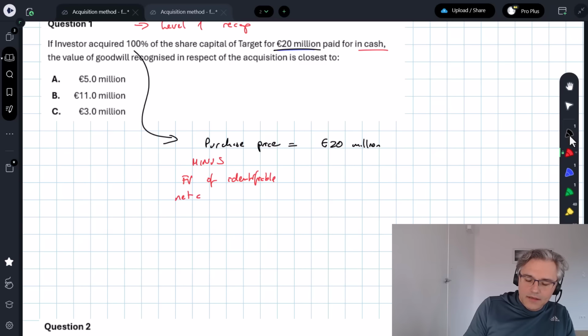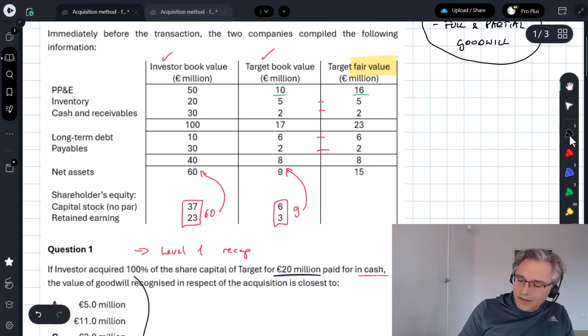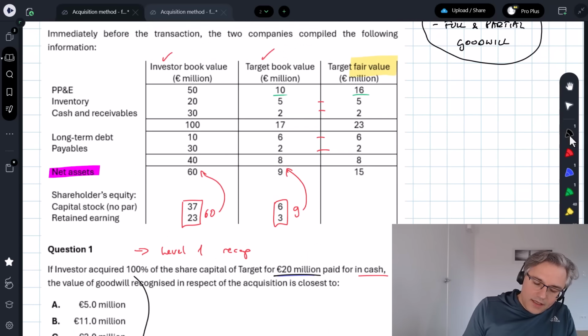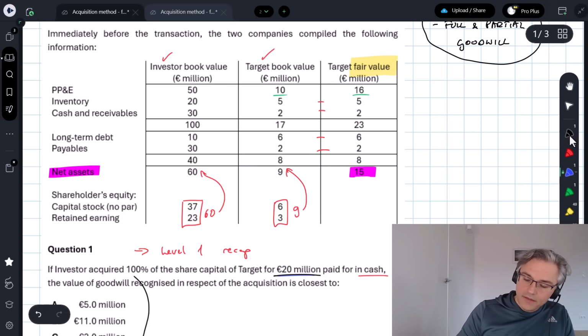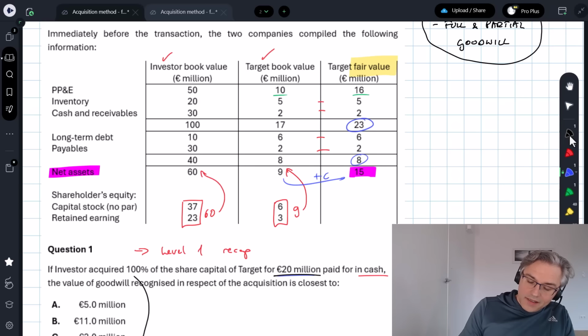net assets of the acquired company, of the target, and that means looking at the third column over here and noting that net assets, when expressed at fair value, are equal to 15. So that's the difference between the total of the assets and the total of the liabilities. And that is, of course, higher by 6 than the book value of the net assets, or the book value of equity of the target.